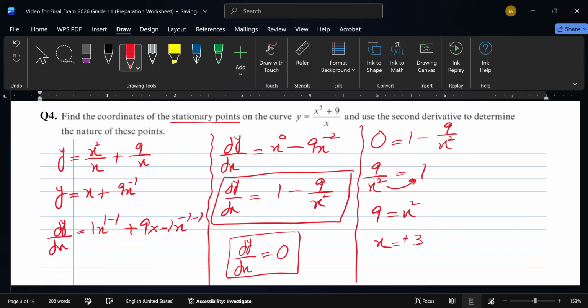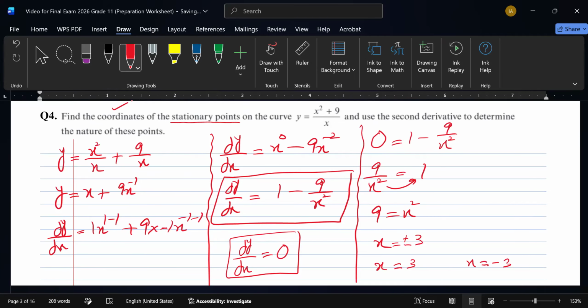But remember, whenever you take the square root, you must have two answers, one positive and one negative. But they mention here the coordinates, which means along with x, we must know the values of y. That's why we substitute each value of x, which is 3 and minus 3, in the original equation to get the value of y.